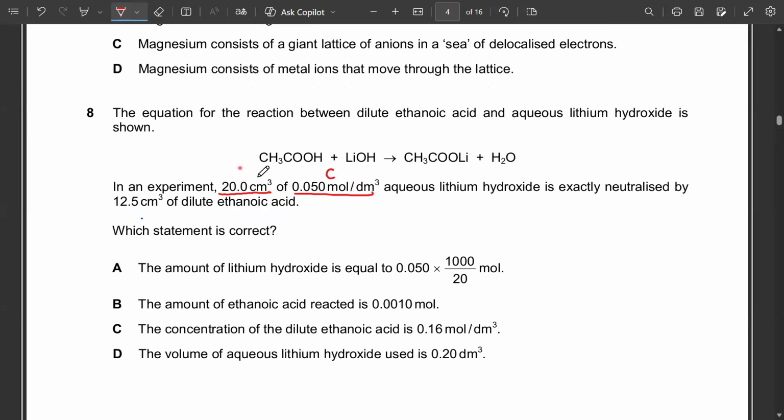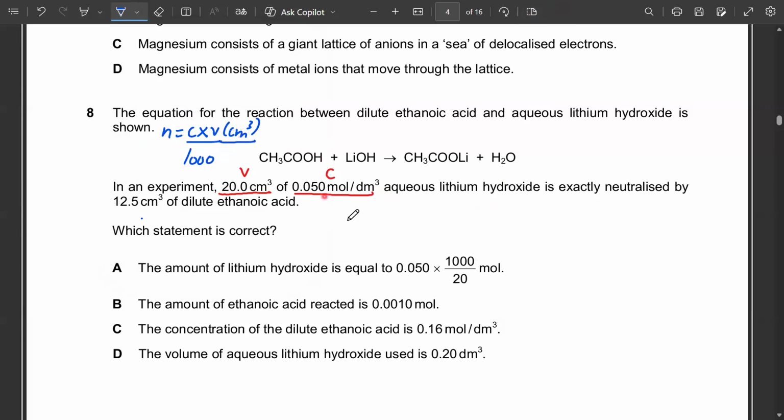So this is concentration, this is volume. We will use this information to find the number of moles. The formula for the calculation of mole is n = C × V, and n = C × V over 1000 if the volume is given in cm³.